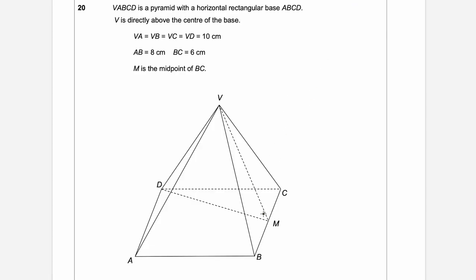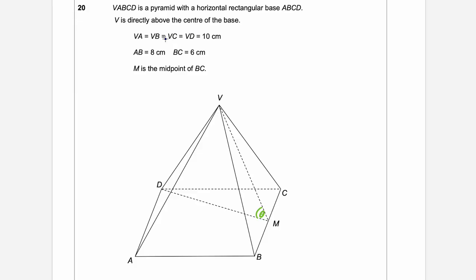I'll try and do everything on this page here, but obviously you would write below. Okay, so that's theta. So what we need essentially, guys, is these three sides, because this is not a right angle triangle. So let's just put in some of these.